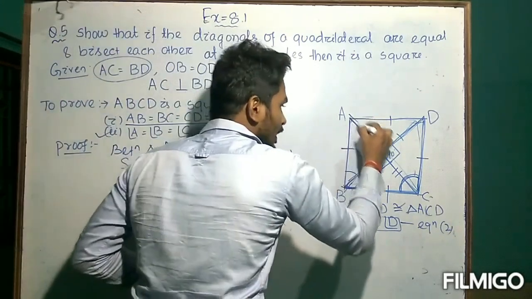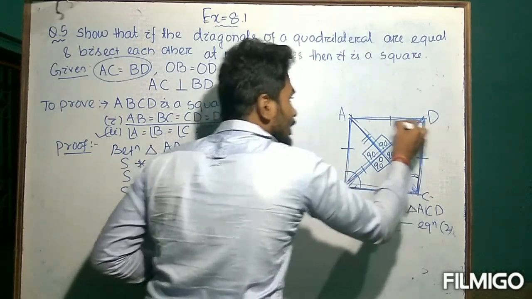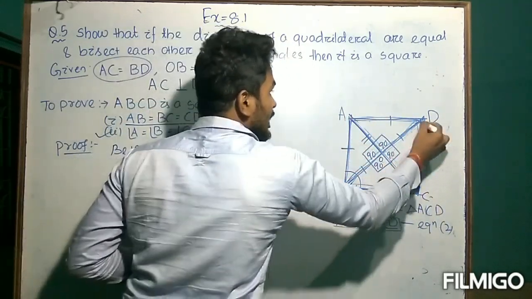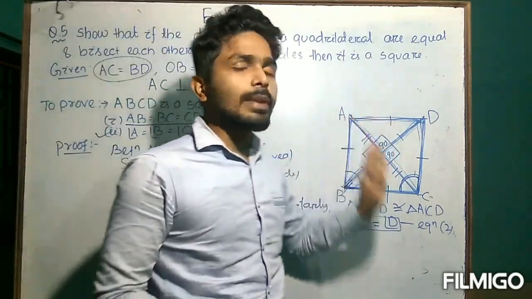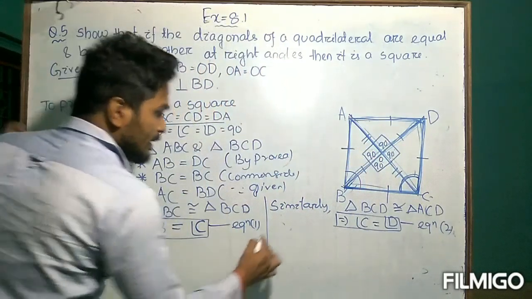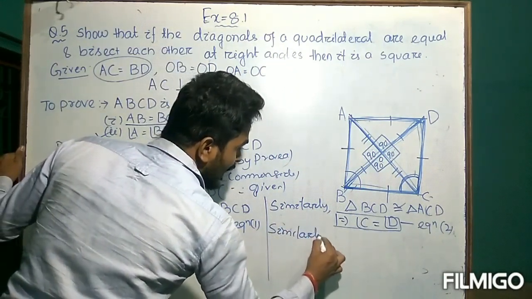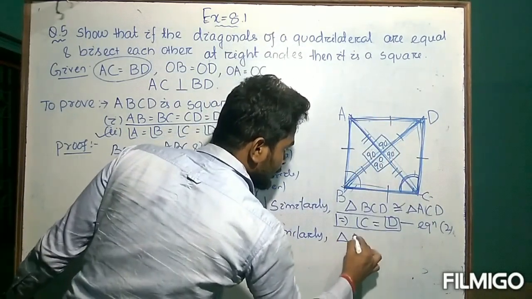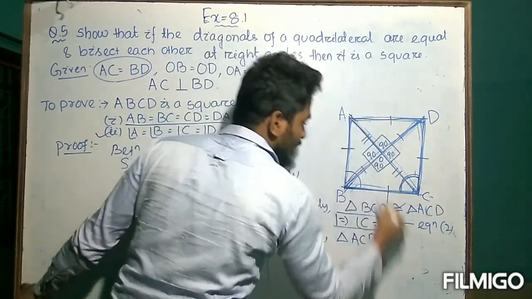Again we will consider another two triangles: triangle ACD and triangle ABD. We will follow the same procedure and find that these two triangles are also congruent. So similarly, triangle ACD is congruent to triangle ABD.